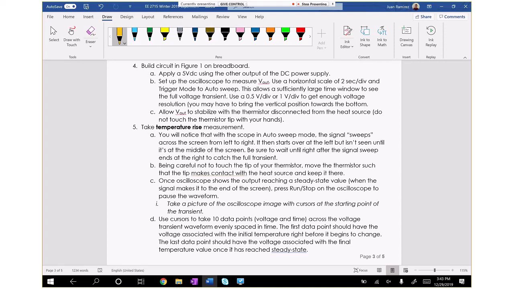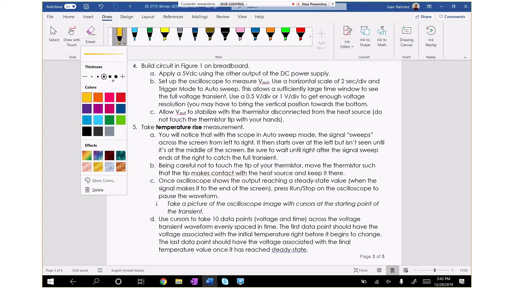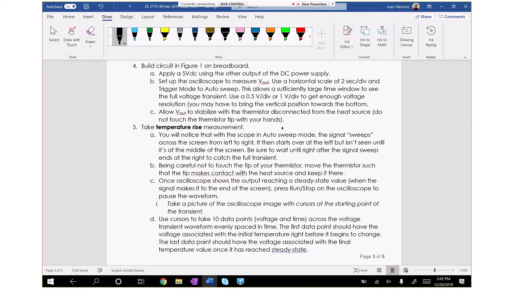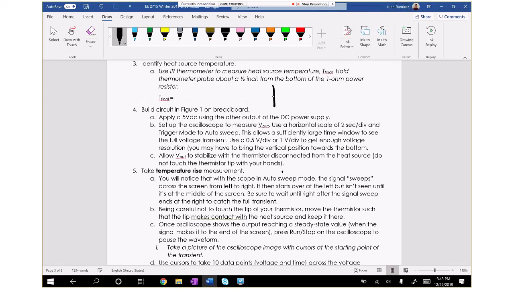So, for example, your oscilloscope will show a voltage that maybe looks like this.